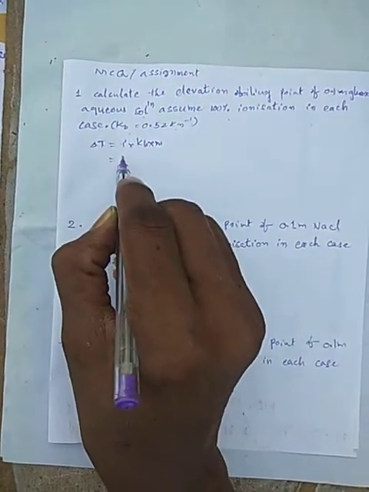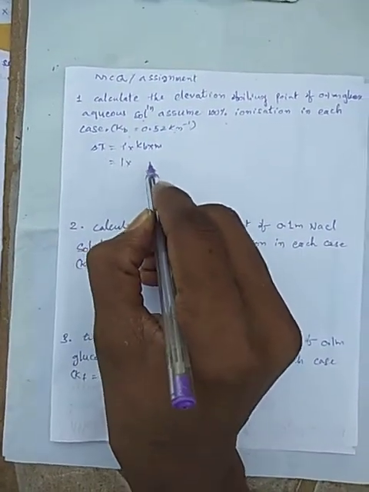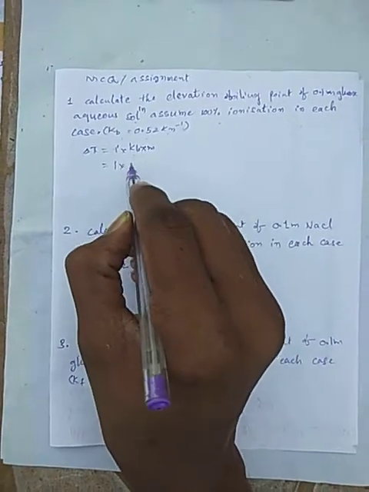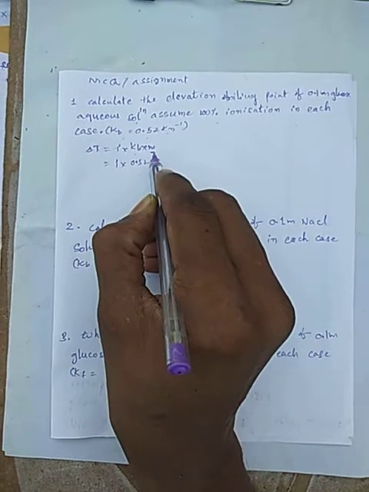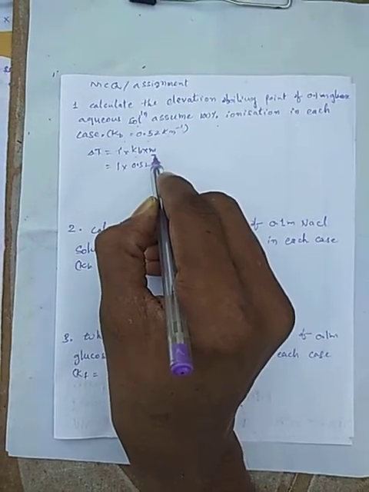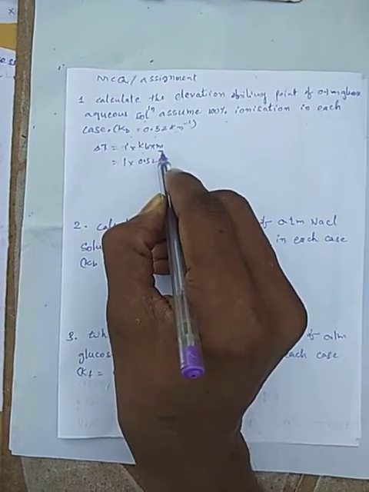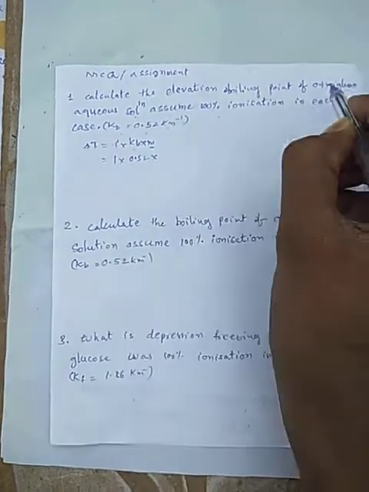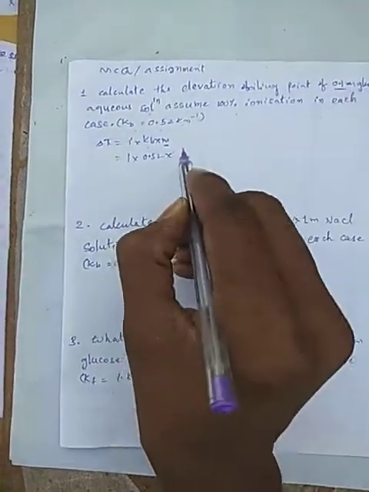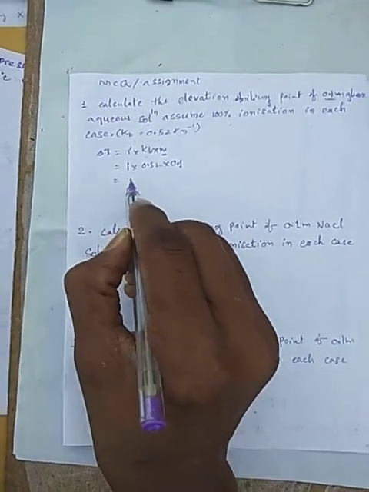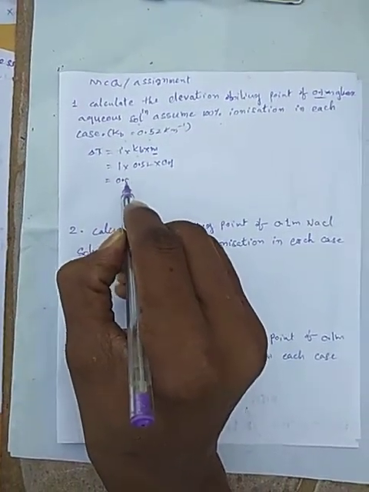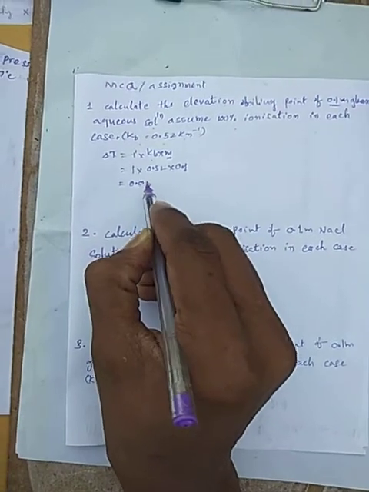It is only one molecule in the form of molecule, so i is 1. Now Kb is given 0.52 and m is 0.1. Now it becomes 0.052.